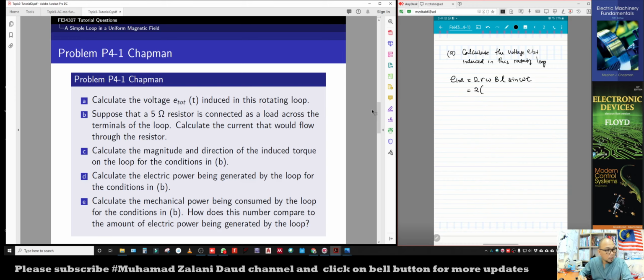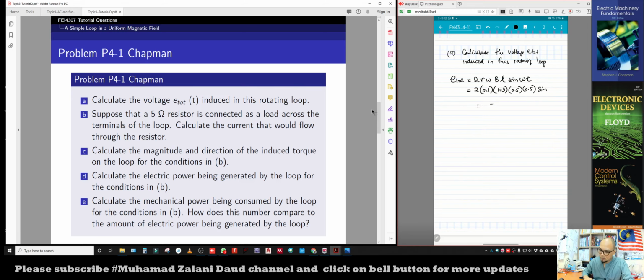So 2R is 0.1, omega is 103, B is 0.5, L is 0.5, and then sine omega T. In this particular instant, during that rotation, omega M equals omega electrical, and it is 103, right?